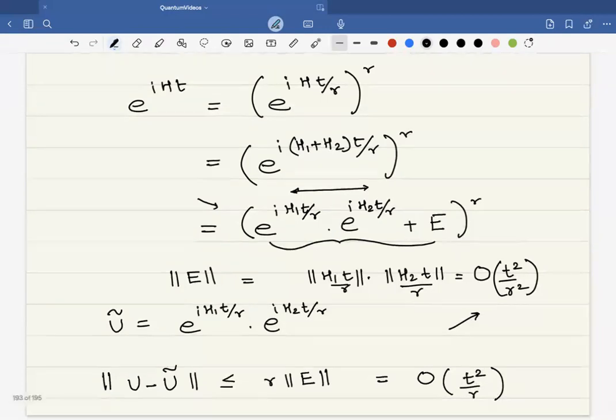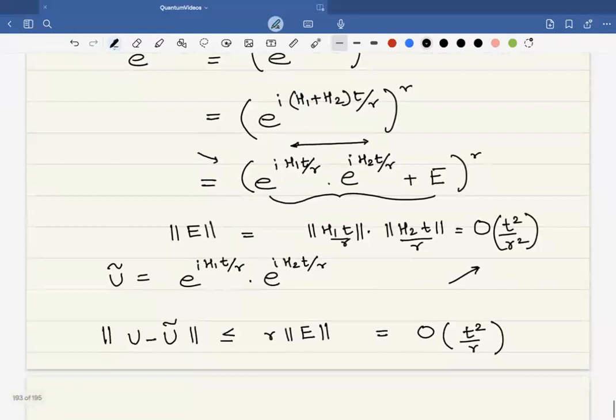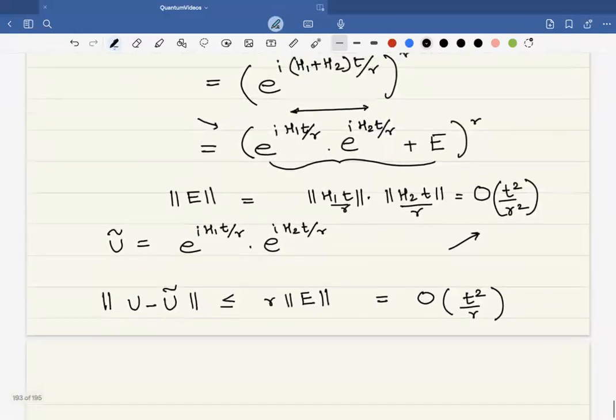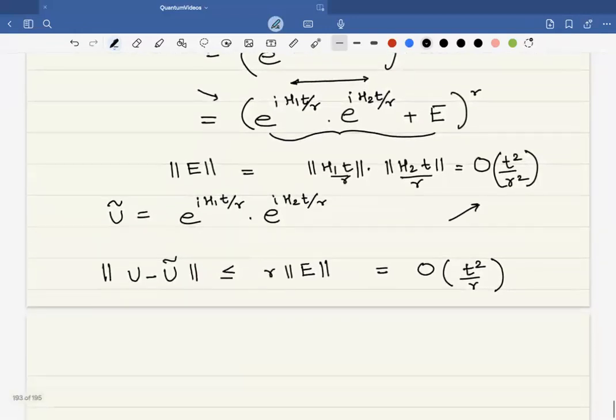But we want to make this less than epsilon. So how large should r be? We need U minus U tilde to be less than some epsilon.